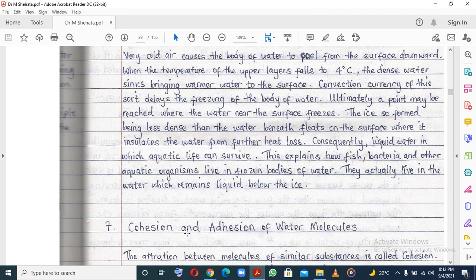So how does this protect aquatic organisms that live in water? It's simply this: even if a pond or a water body is frozen on top, organisms such as fish, bacteria, and other aquatic animals can still live under, because the temperature that is under is relatively warm and it remains liquid.